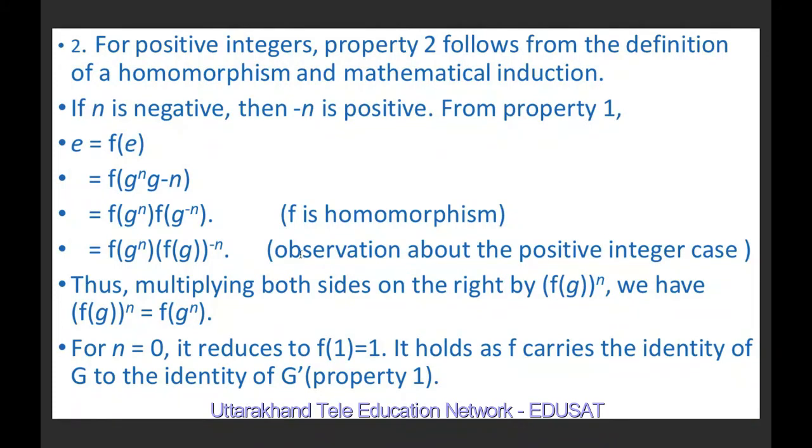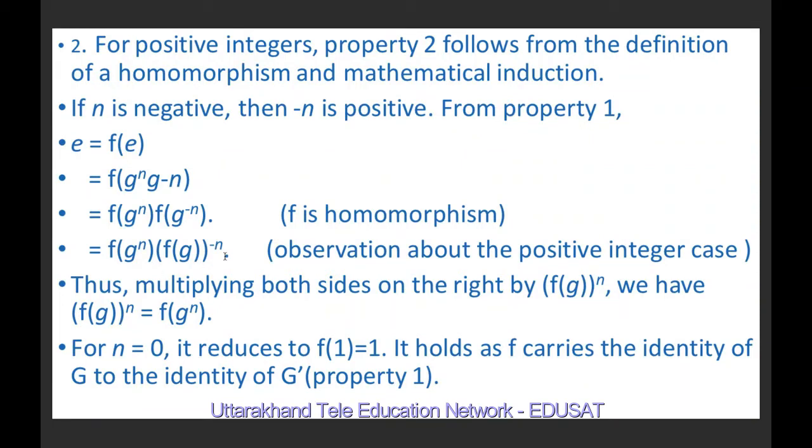Because minus n is a positive integer, we can write it as f of g^(-n). If we multiply both sides by f of g^n, on the left side we have e dash into f(g^n), which is equal to f(g^n).